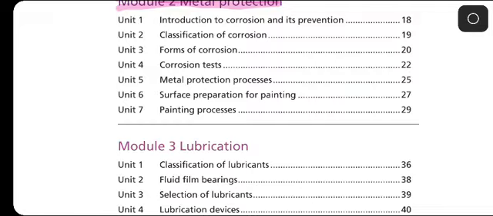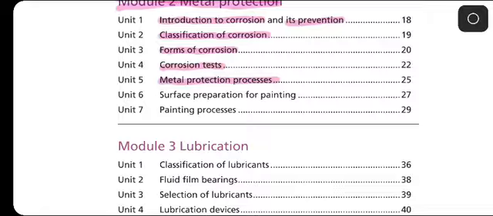In this layout, we'll be learning about Unit 1, introduction to corrosion and its prevention. Unit 2, classification of corrosion. Unit 3, the forms of corrosion. Unit 5, the metal protection process.